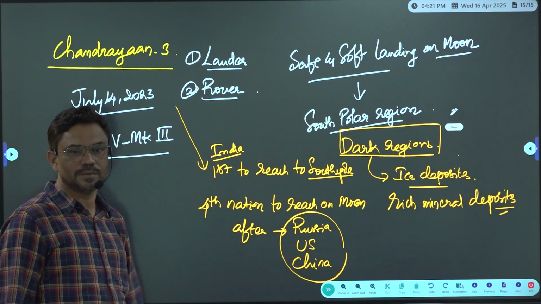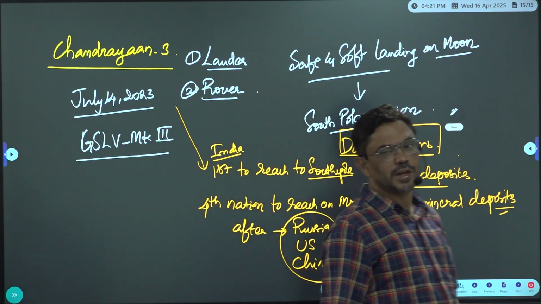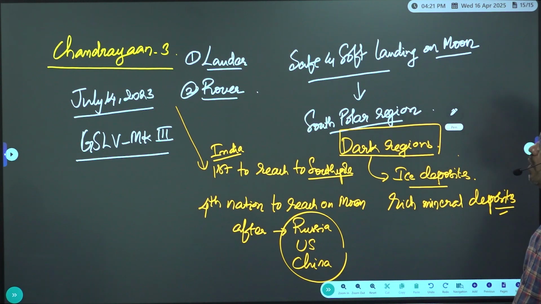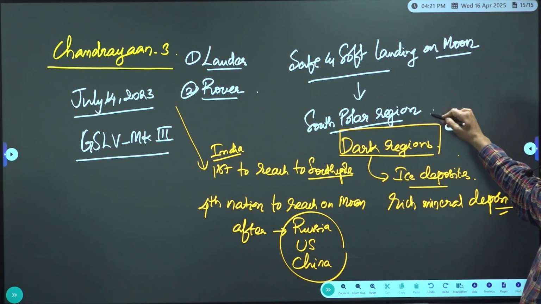Remember this one. So Chandrayaan 3 was launched July 14, 2023. It carried a lander and a rover, the Vikram lander and the Pragyan rover, to demonstrate safe and soft landing on the moon, particularly onto the South Polar region.